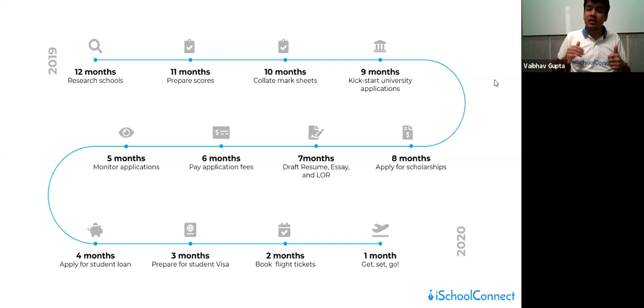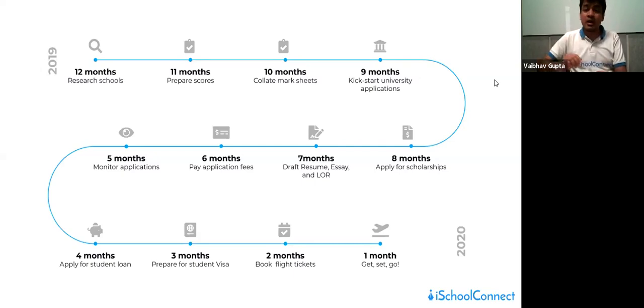Many students make the error wherein they apply only to a handful of universities, either two or three. And if, God forbid, they receive a rejection from all three universities, an entire year of effort gets lost.